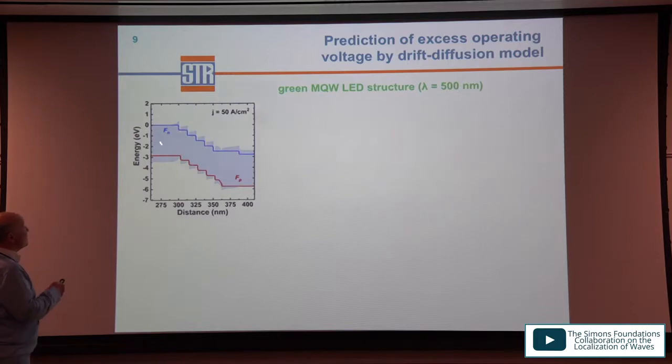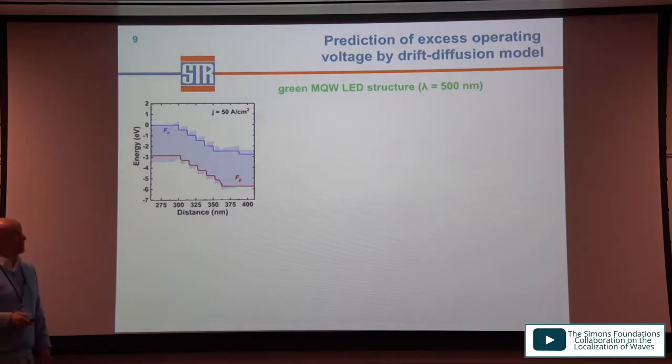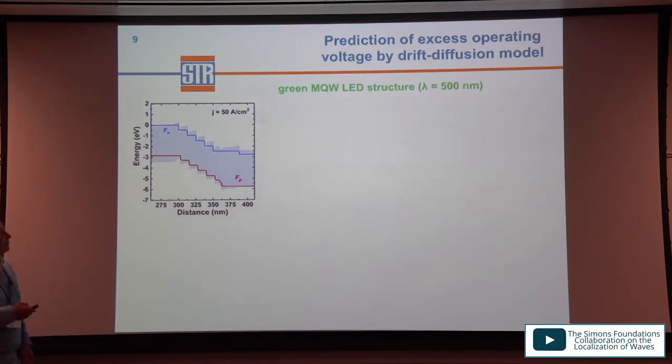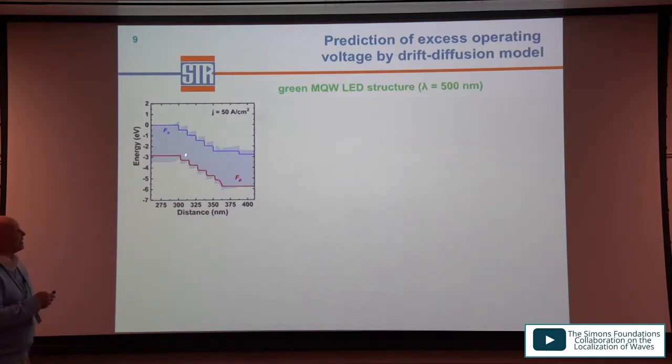Let's consider an LED structure operating in the green spectral range. It consists of 5 indium gallium nitride quantum wells, with approximately 25% indium. And what we can see first is the step-like alignment of the band diagram.